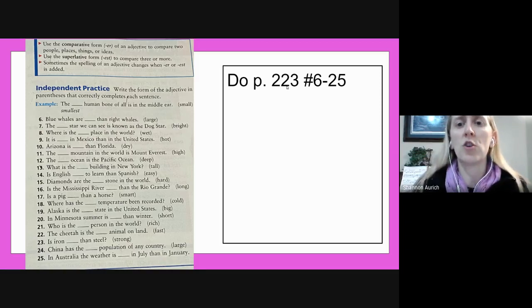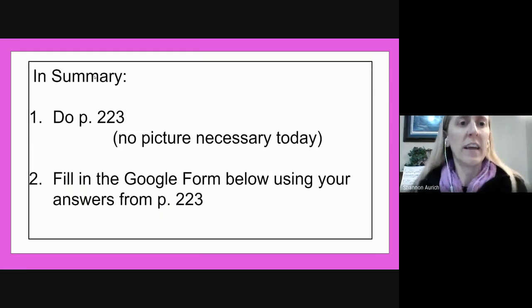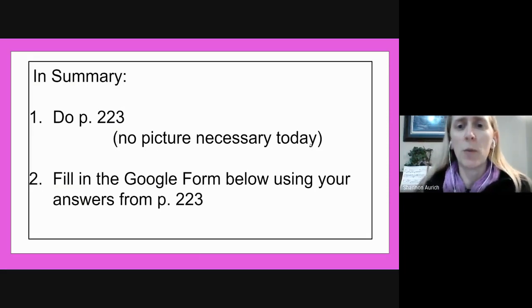So you are going to do all of this page, number 6 through 25, and then you will stop. In summary, you're going to do this page 6 through 25. No picture is necessary today. And then in the Google Classroom for this assignment, fill out the Google form.